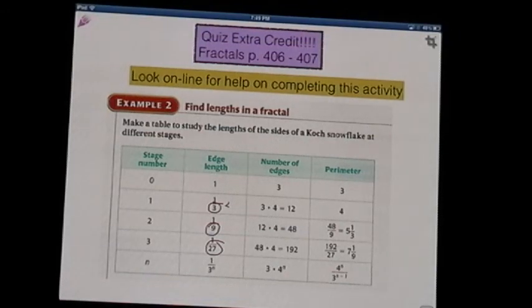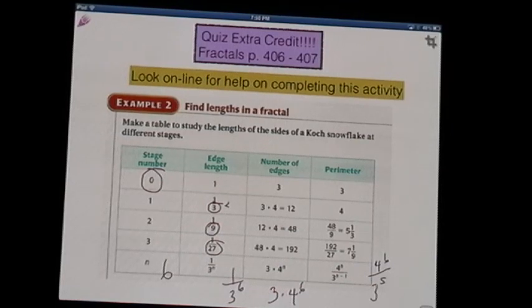Whatever stage we're in, if we went to stage, say, 6, then each side length would be 1 over 3 to the 6th. The number of edges would be 3 times 4 to the 6th. And the perimeter would be 3 times 4 to the 6th over 3 to the 6th, which is 4 to the 6th over 3 to the 5th.